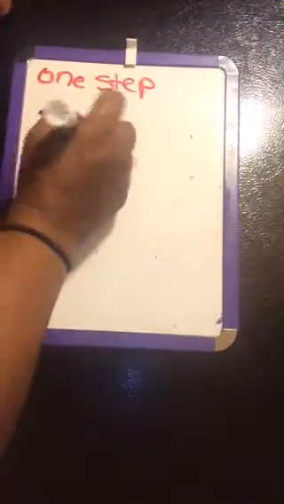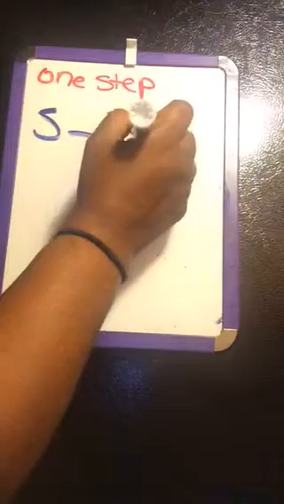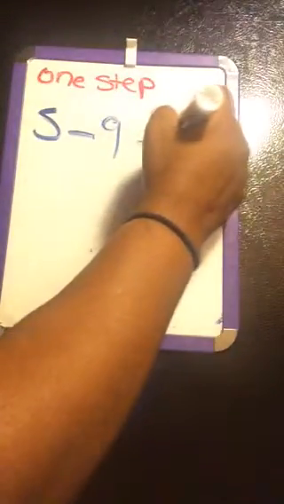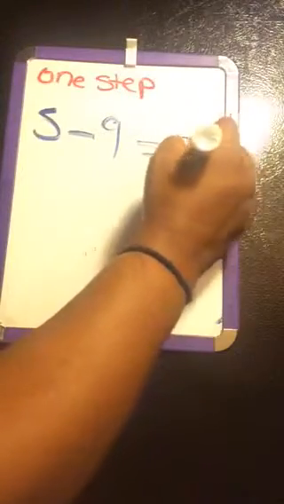Let's do one last one. Okay. We're going to solve for s. s minus, with a negative number I'm talking about, s with negative 9, put the equal sign, and then let's say 39.